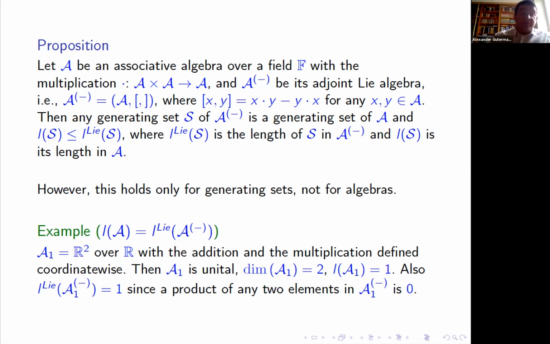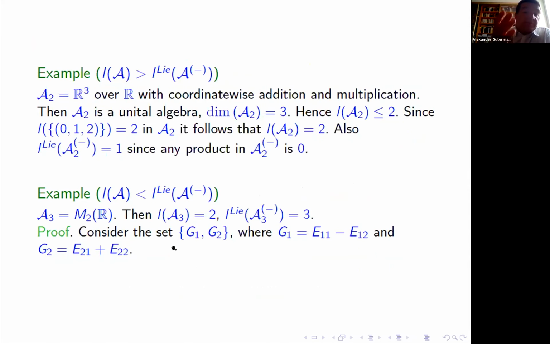Like here, we have coincidence of lengths. We consider the Cartesian product of real numbers, degree 2, with corresponding addition and multiplication defined coordinate-wise, and the corresponding adjoint Lie algebra. It is abelian, so the situation is as I mentioned, but we could have other inequalities. This was a case of equality, but we could realize both other possibilities.